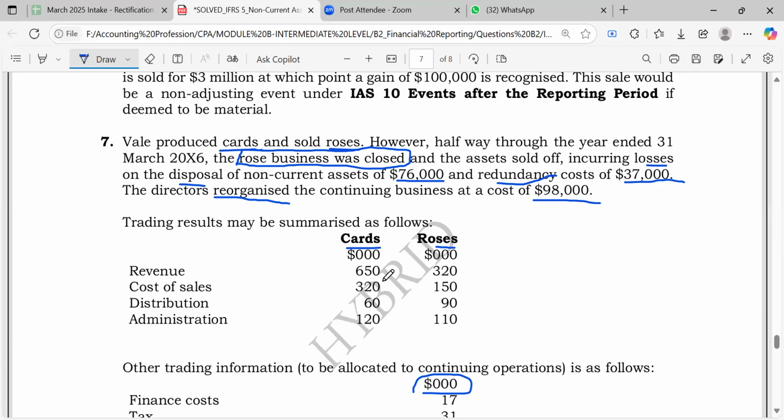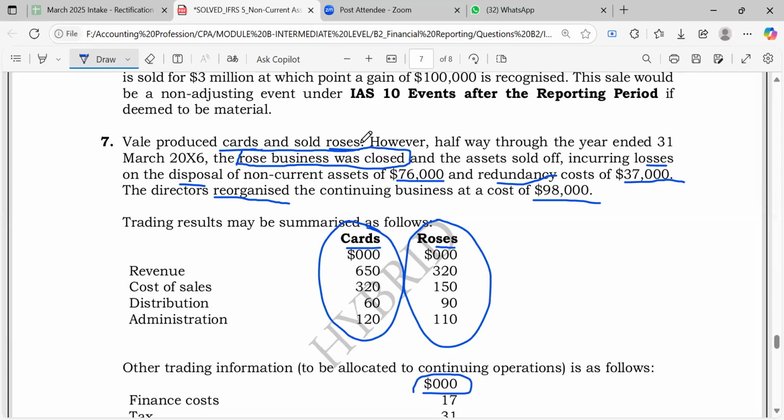So this is fine, and we could proceed. Cards would be on the continuing operations, while roses will be on the discontinued operation. Very simple. So you start with continuing operation and you state everything for cards, and you look above here for the costs or revenues or any income related to the continuing operations.